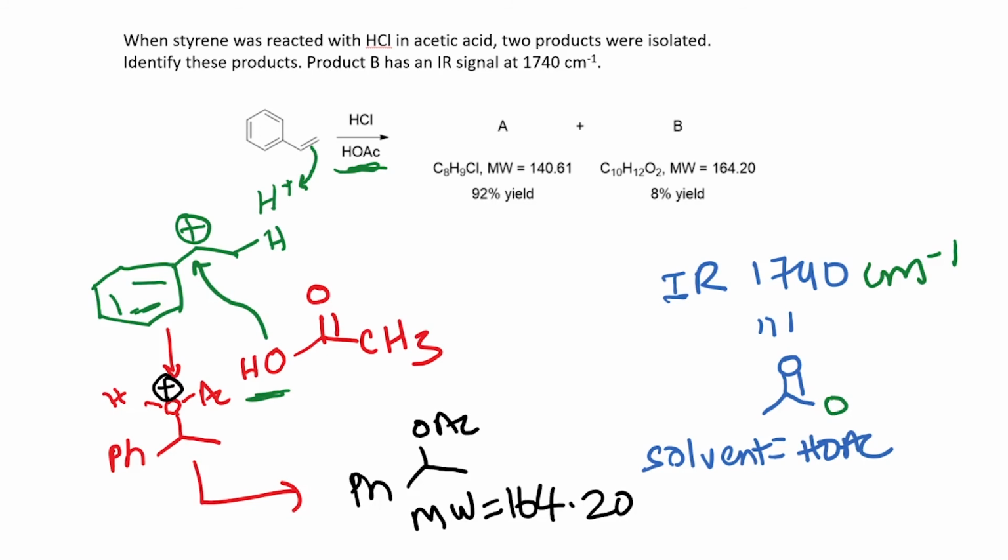So the driving force for this reaction is not very high. Nevertheless, once in a while this can happen because acetic acid is in a large amount, and it can give you the acetate as shown here. The molecular weight of this molecule is 164.2, and it would also give you a signal at 1740 centimeter inverse. So this product is consistent with what we would expect.